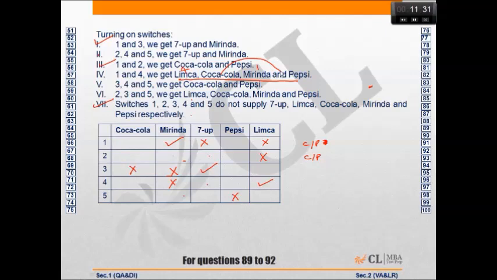Okay, effectively I'm stuck between Coke and Pepsi. It's either Coke and Pepsi for 1 and 4.